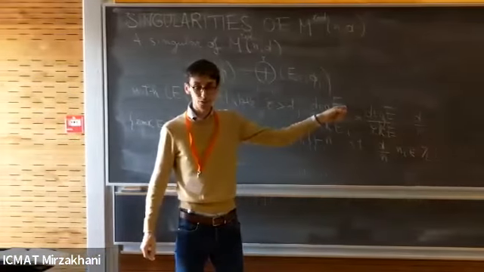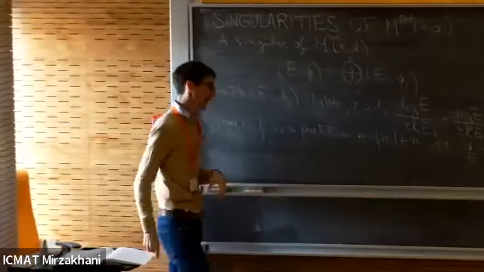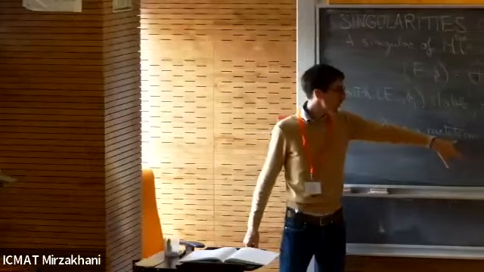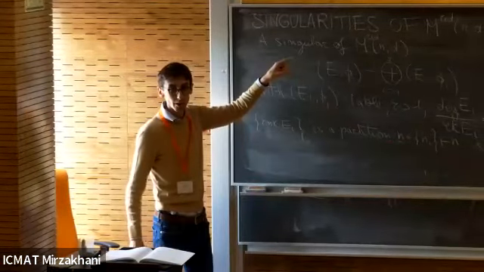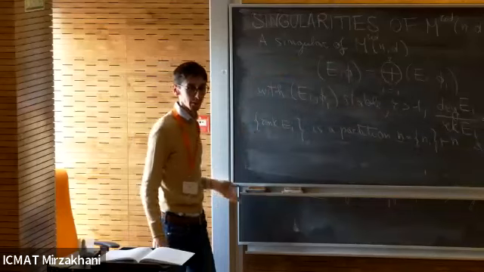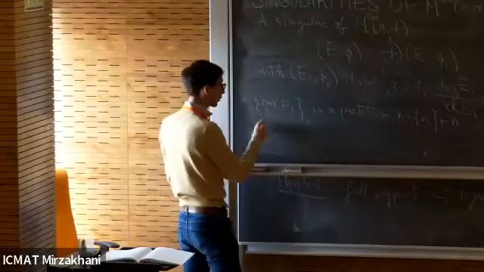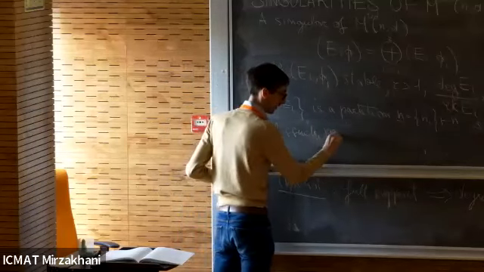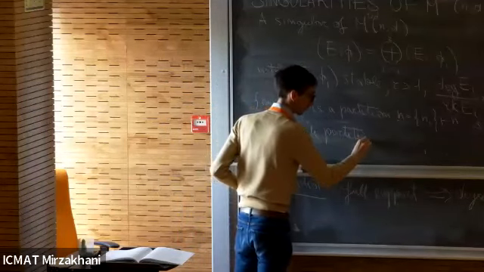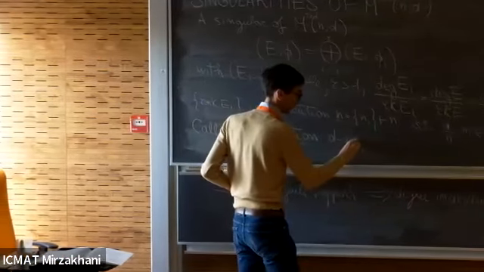It's precisely the degree of E_i. Okay? And vice versa. Every time that you give me a partition of this type, I can cook up a singular point with that particular partition associated. So I call such a partition integral.